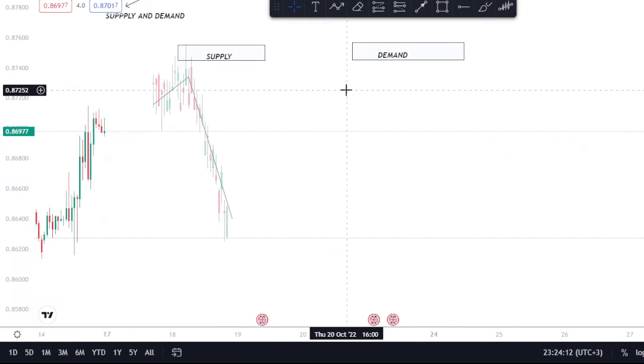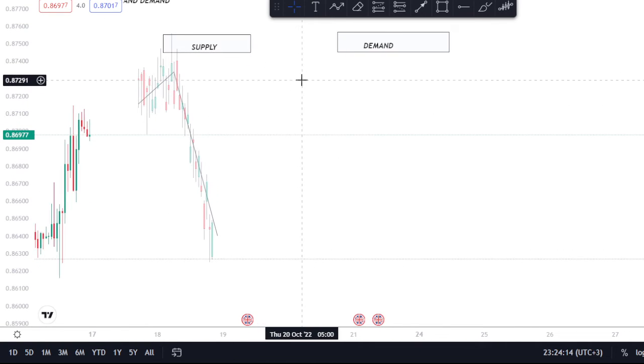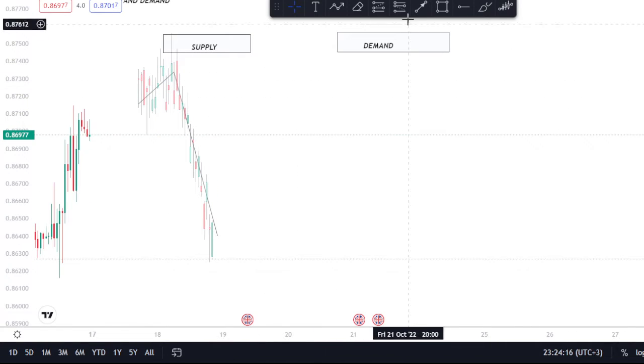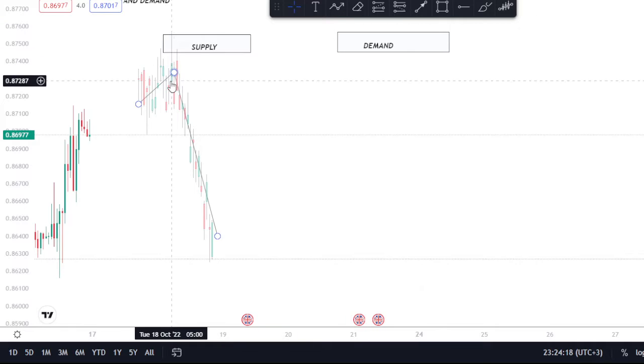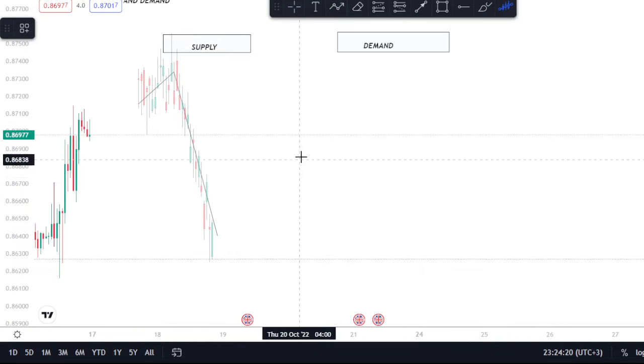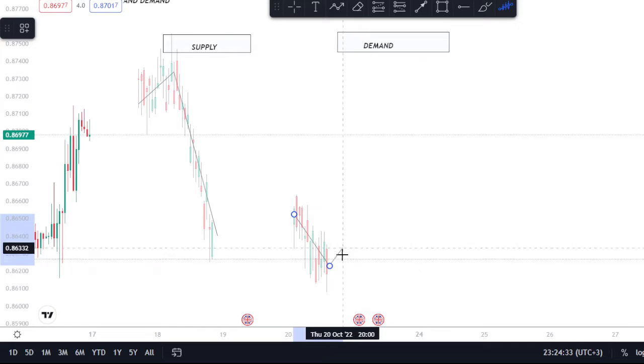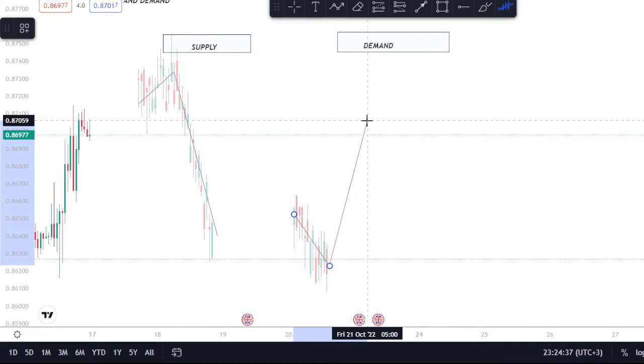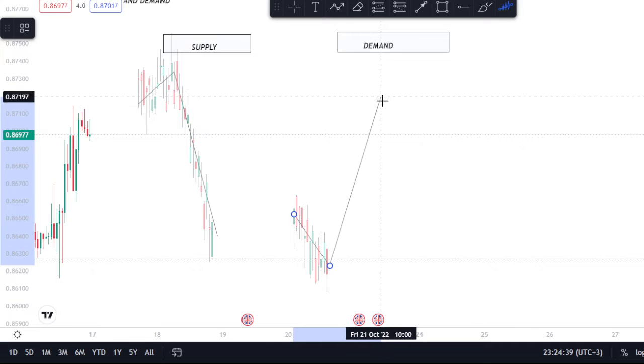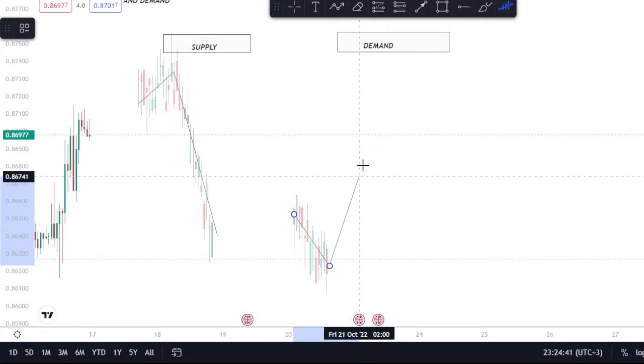Likewise for the demand zone. What are we saying about the demand zone? As the market is selling, there is a point of time whereby the buyers take action and come into the market. When the buyers come into the market, they push the market in the other direction, whether aggressively or correctively.